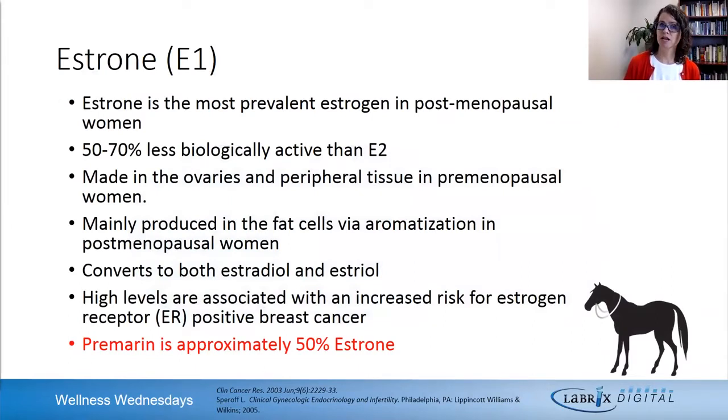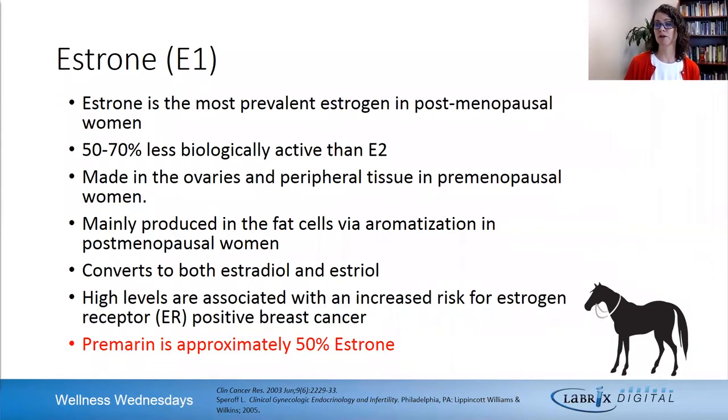Estrone, or E1, is the most prevalent estrogen in postmenopausal women. It's 50 to 70% less biologically active than E2. We're going to be talking about E2 next. It's made in the ovaries and peripheral tissue in premenopausal women. It's mainly produced in fat cells via aromatization in postmenopausal women.